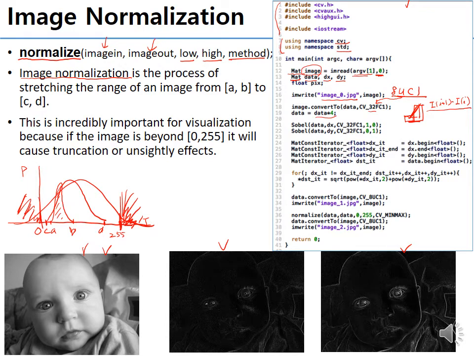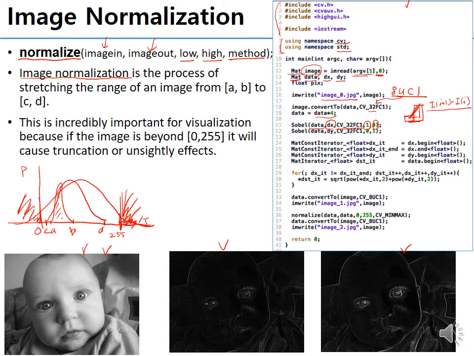This is the input image, and the output image is dx, the derivative in the x direction, and CV_32FC1 is the data type. This is the x direction derivative, and the y direction derivative is 0.